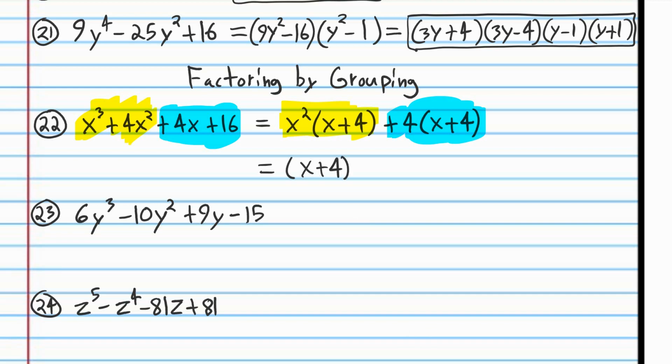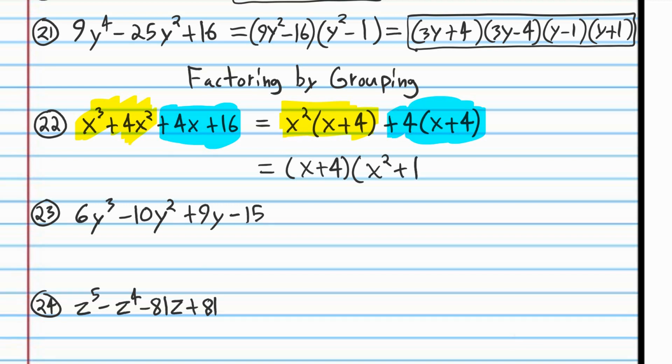We're taking this x plus 4 and this x plus 4 out, and we're putting it in front. We're factoring it out. And then you're left with x squared plus 4.